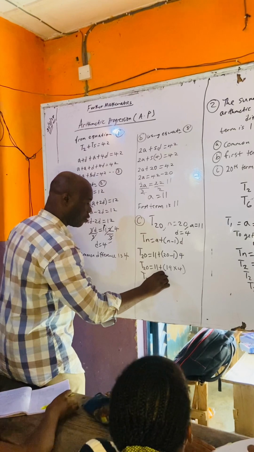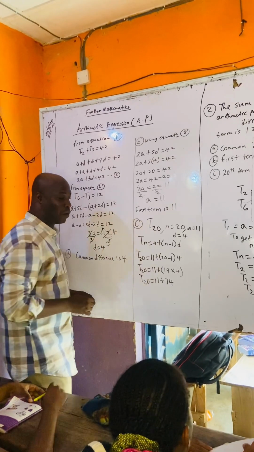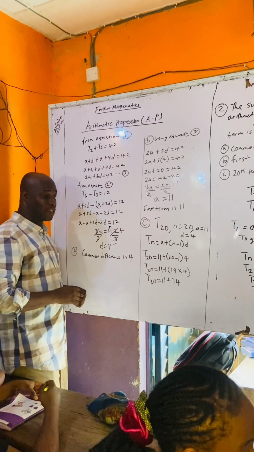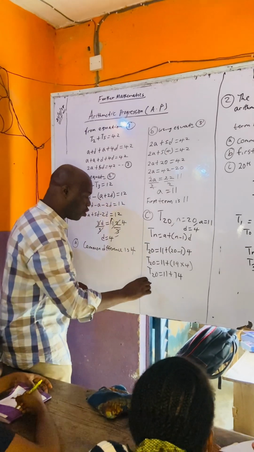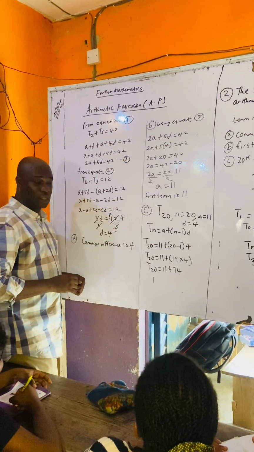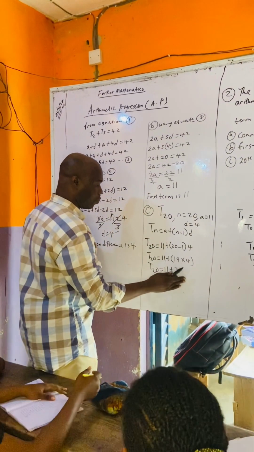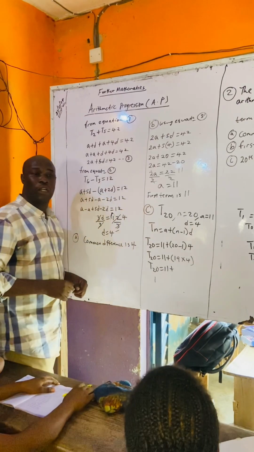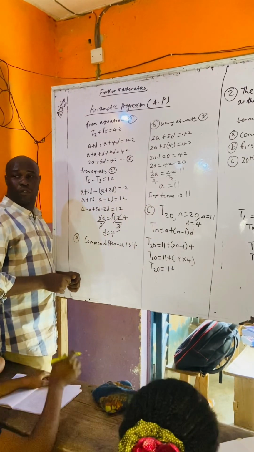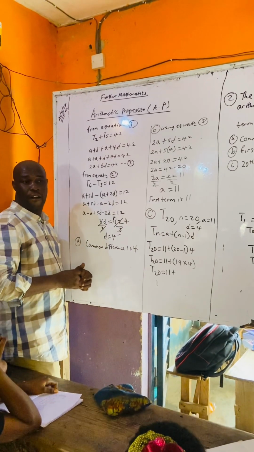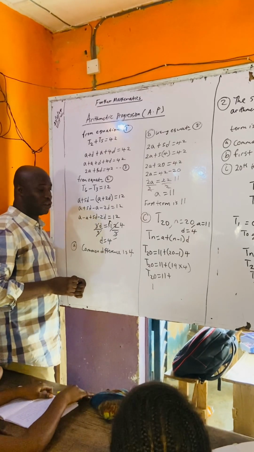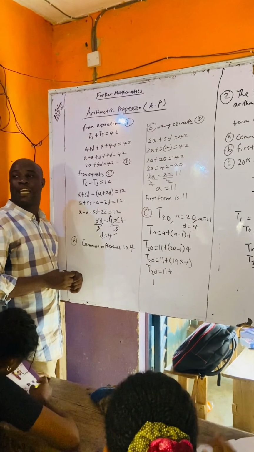You can confirm with calculator. 19 times 4 is 76.